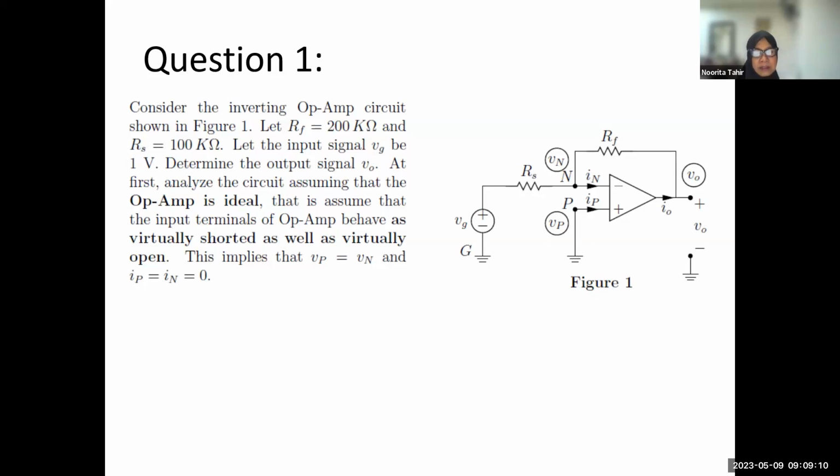There is no current going into the input terminals of the op-amp, IP and IN, and we can assume everything flows this way. This is quite straightforward actually. Looking into it, it is an inverting input.